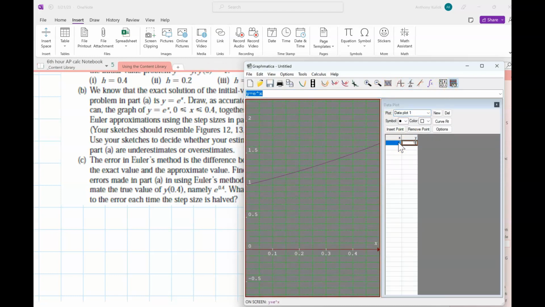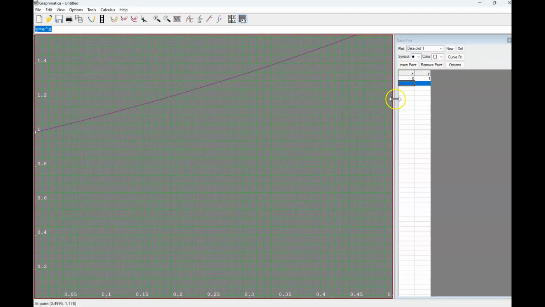Our initial condition was the point 0, 1. And then our first approximation was the point, let's see real quick.